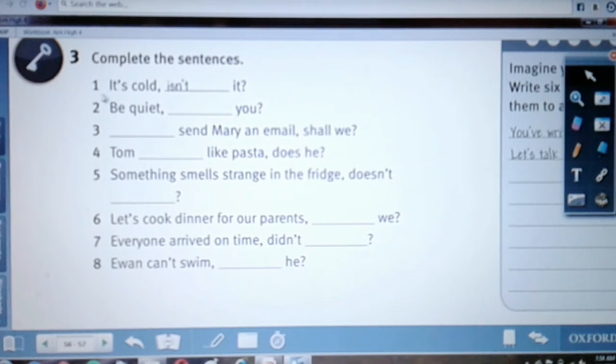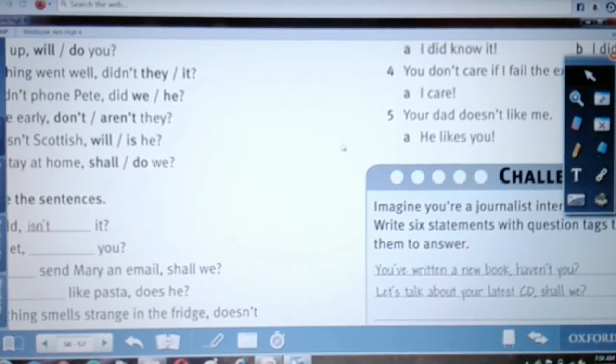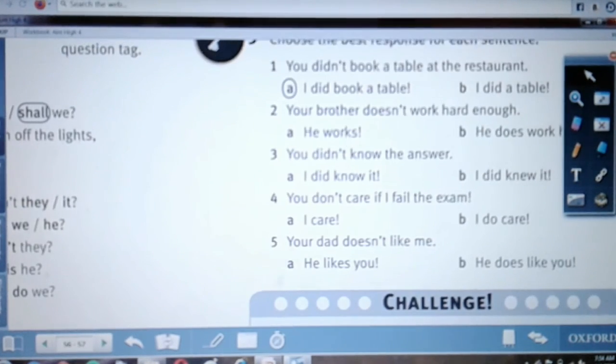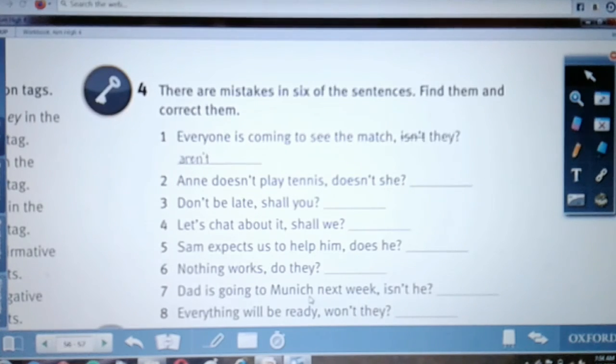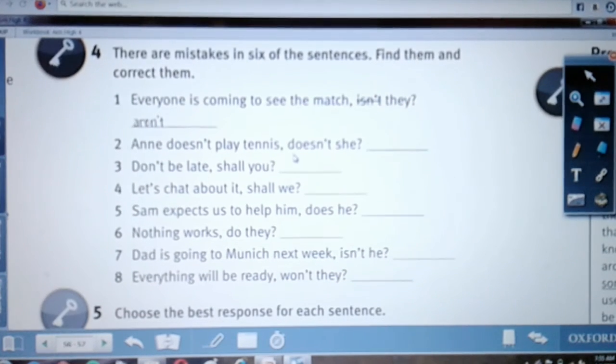For example, number 1, it's cold. So from positive is, we change it into isn't it, negative. Okay, after finishing that part, please also do the fourth part.